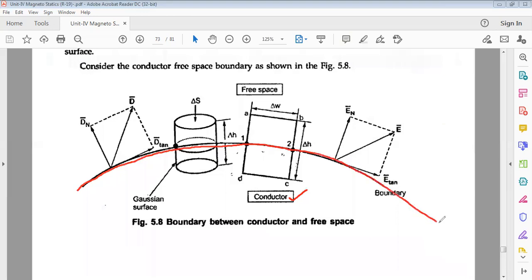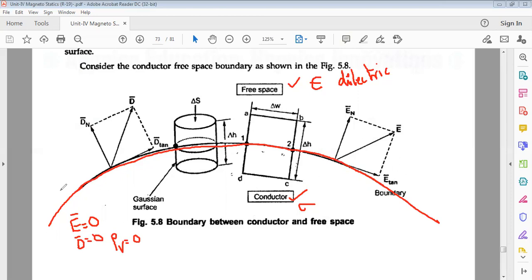Above the boundary line, the free space, nothing but epsilon, dielectric, and the conductor has sigma or conductivity. In the conductor, there is no field. Electric field is 0. Electric flux is also 0, and the charge is not there in the conductor. But on the surface there is a rho s.